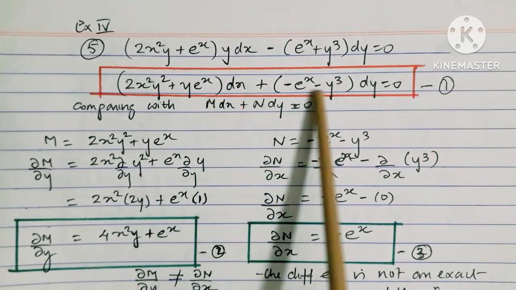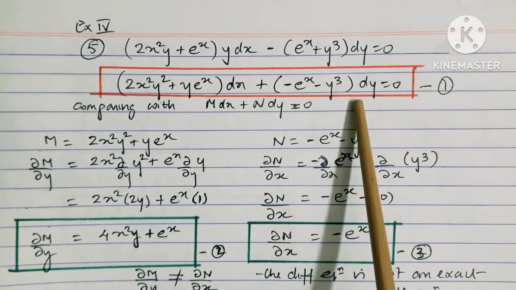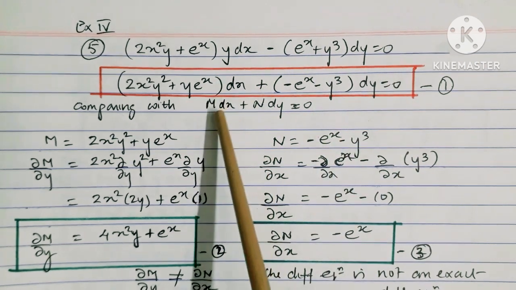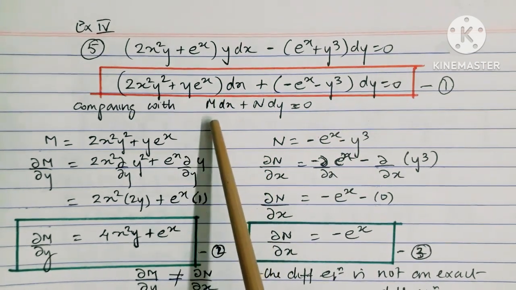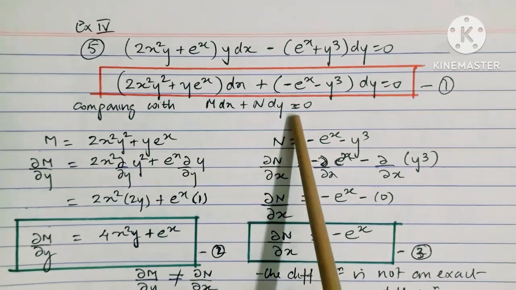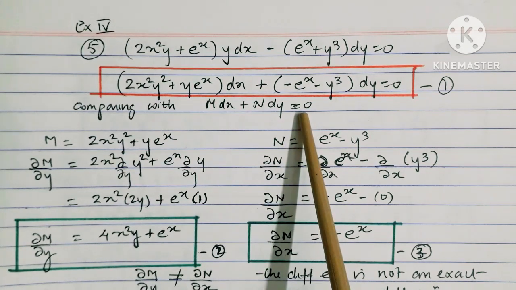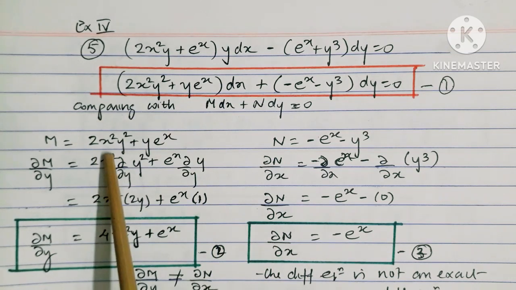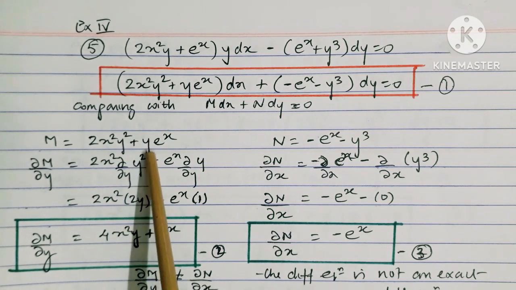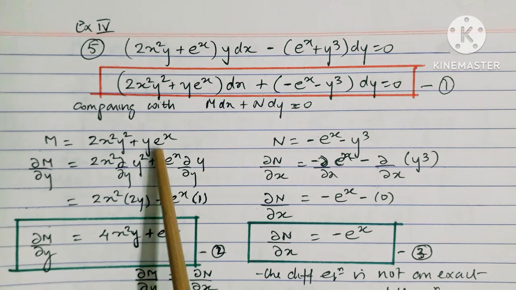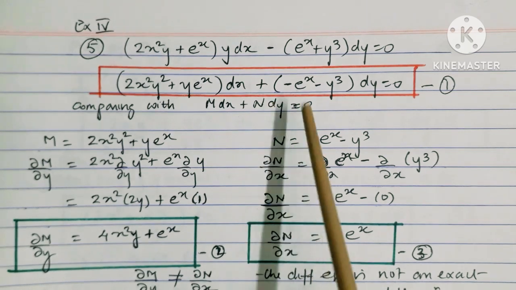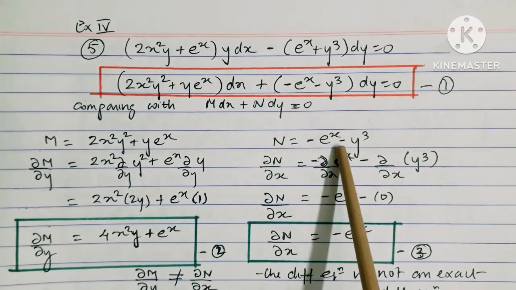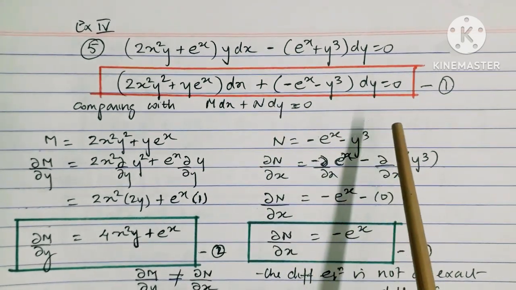Now we will have to first find out if this given differential equation is an exact differential equation or not. So let us compare this differential equation with M dx + N dy = 0. And on comparing, we get M = 2x²y² + y·e^x, and N = −e^x − y³.